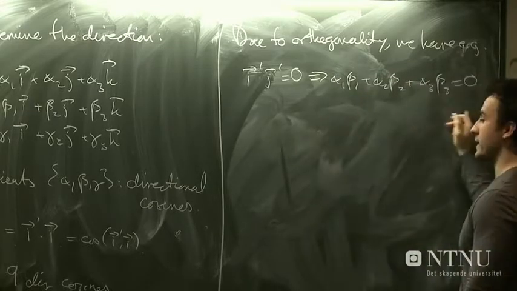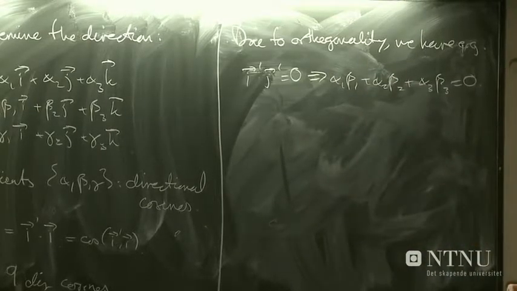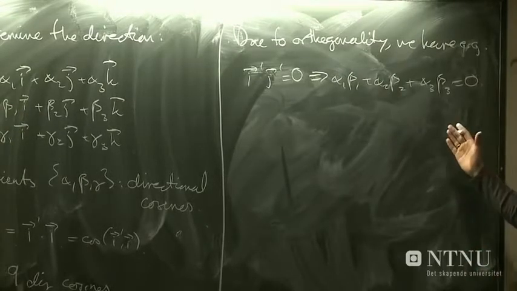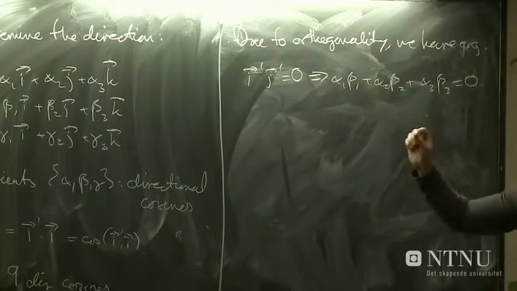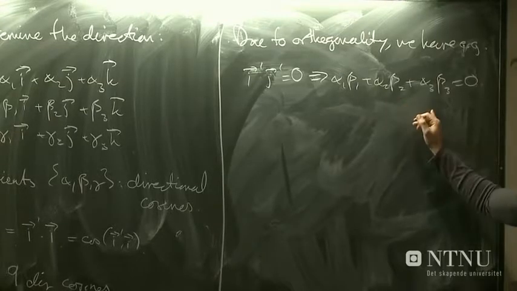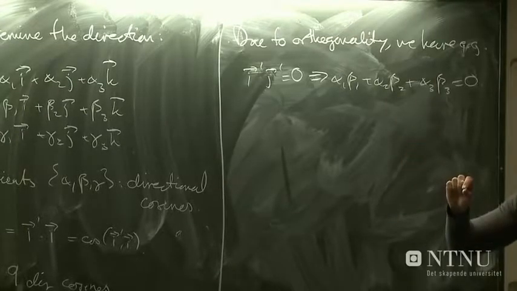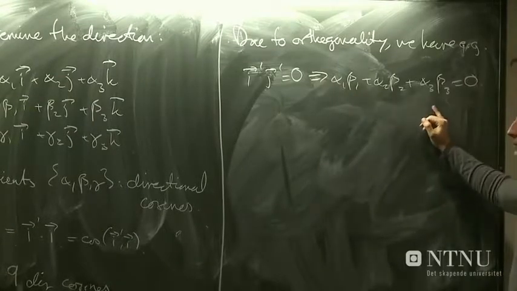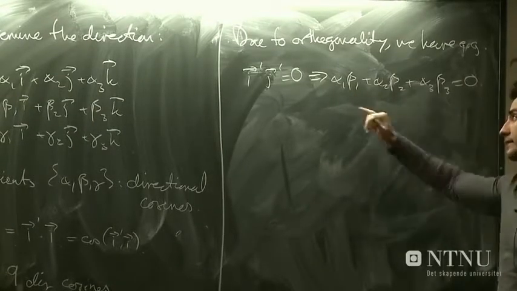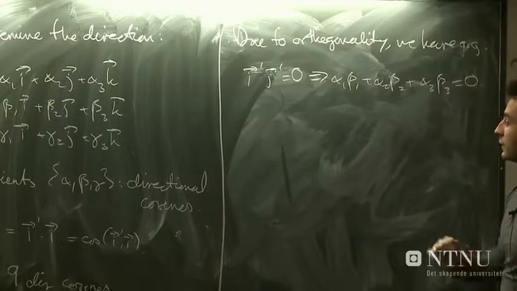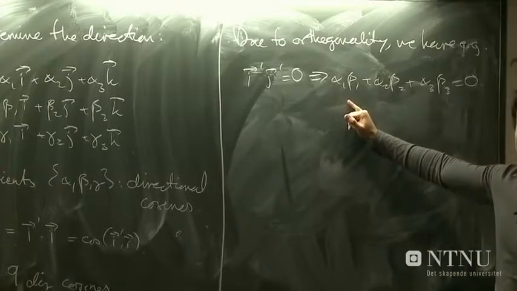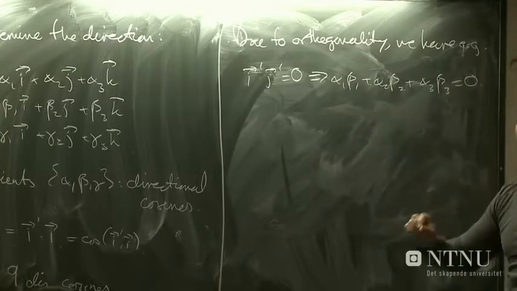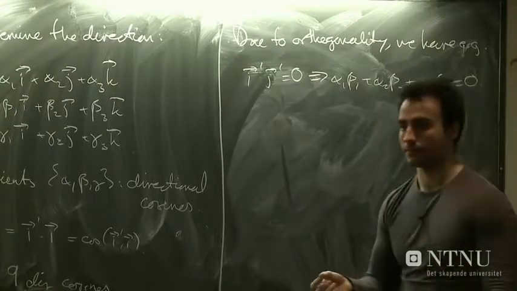So we get this equation. And then we're able to take one of these directional cosines out of the equation, because we can express alpha 1 through the rest of them by moving this over to the right-hand side and then dividing by beta 1. So you see that alpha 1, for instance, is not independent of all of these. It's in fact determined by these through the orthogonality of the unit vectors.